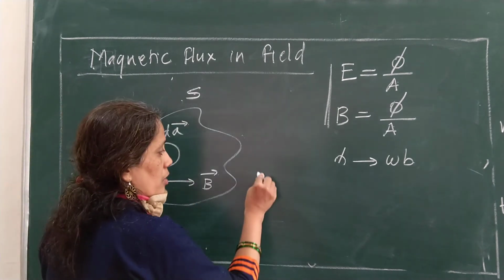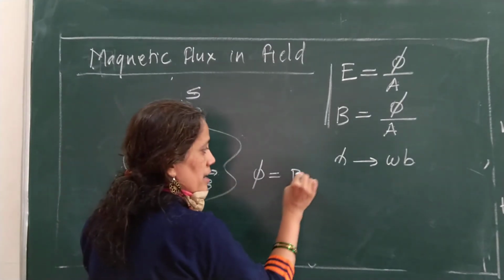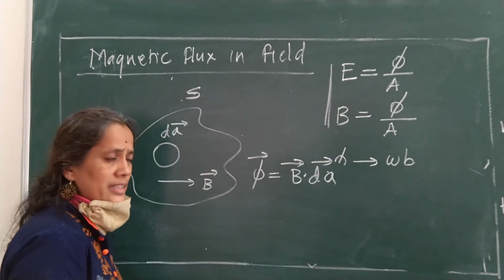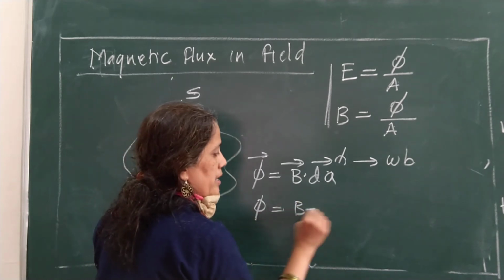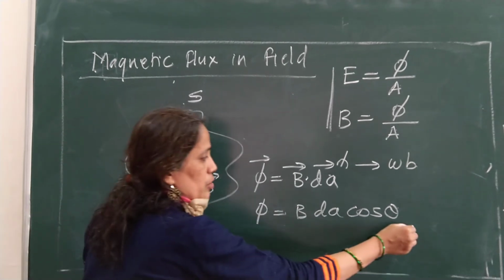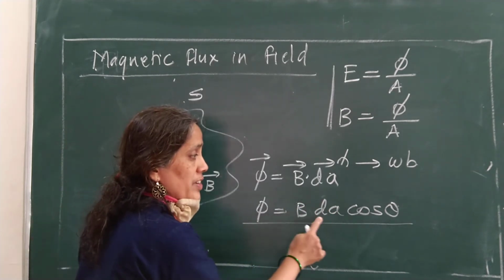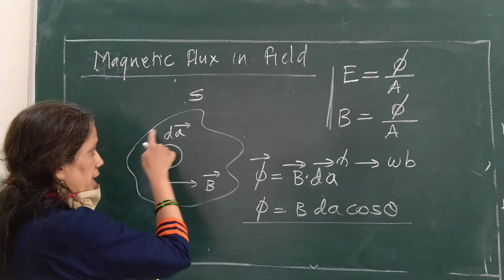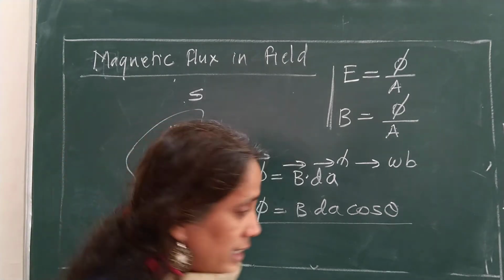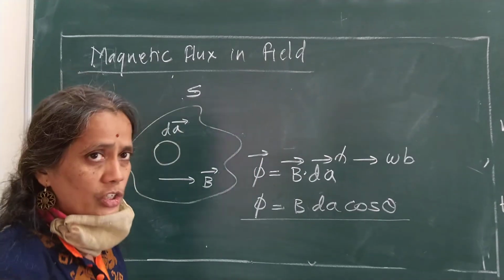So flux phi can be written as, if I am considering small area dA, B dA with vector, like this. So phi is equal to B dA cos theta. This is nothing but your magnetic field. Is it right? Now this is for small surface area dA. But if I want to calculate the total magnetic flux for this complete surface area S, it is an irregular shape, so I have to take the integration.